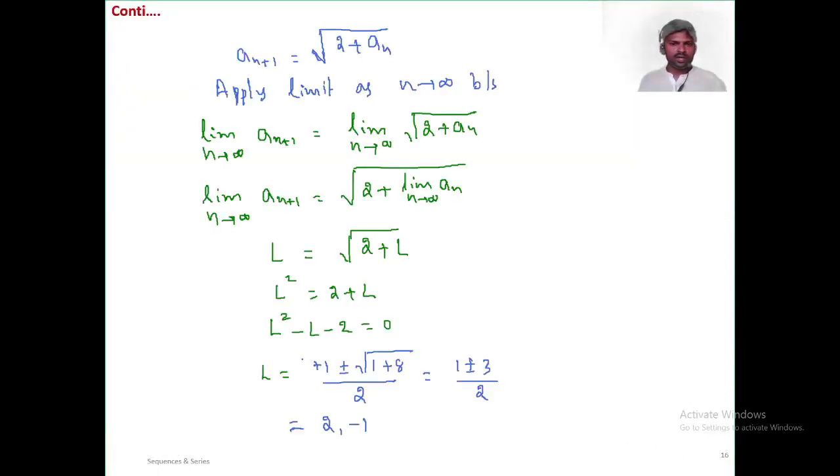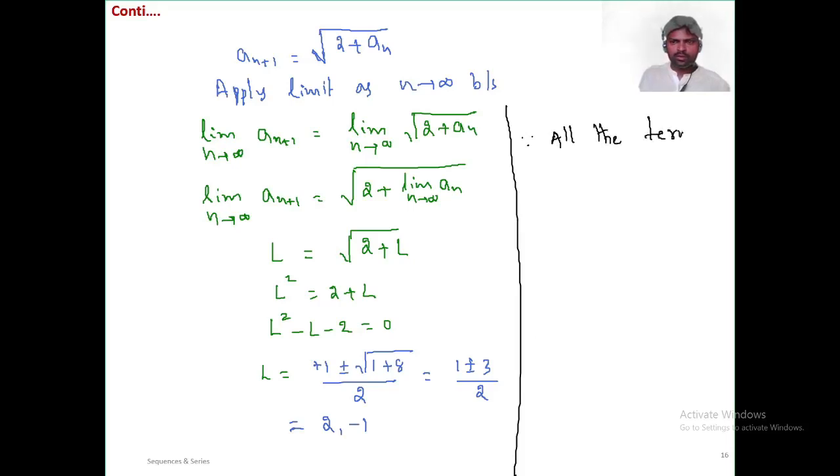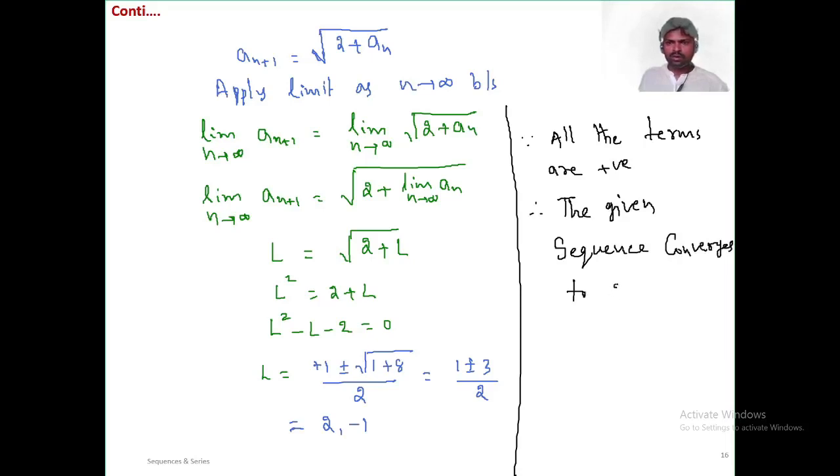So since all the terms are positive, the given sequence converges to 2 only.